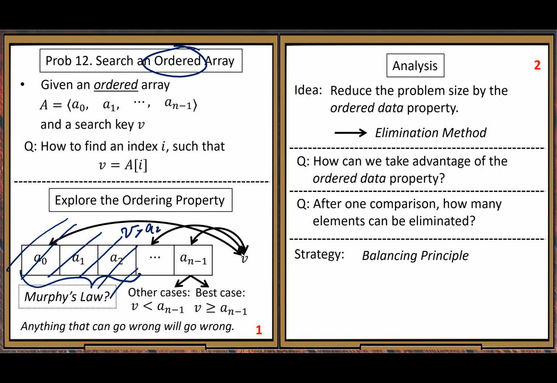If you follow those principles, it's very likely you have good results. You enjoy better results, but you do not have to follow them, because that's just a general principle. Recommended, but you have the option to use it or not. Because there are so many principles, you cannot use all of them. The balancing principle is one of them.